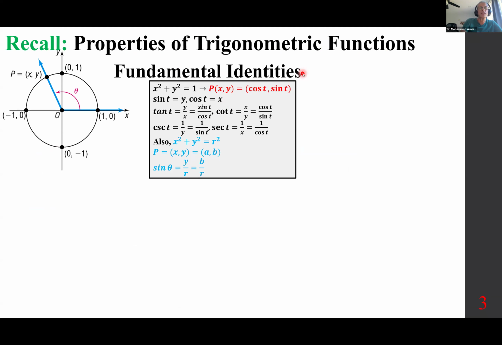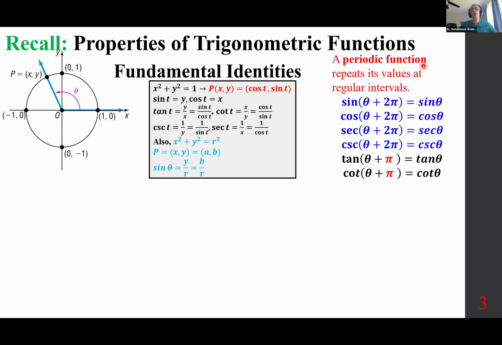And if that is the case, tangent is y over x because it's sine over cosine. Cotangent is x over y because it's cosine over sine, and the rest of it follow. Also, if we look at x squared plus y squared equals r squared, then a point with coordinates x comma y, or a over b, results in sine theta being y over r, or b over r.